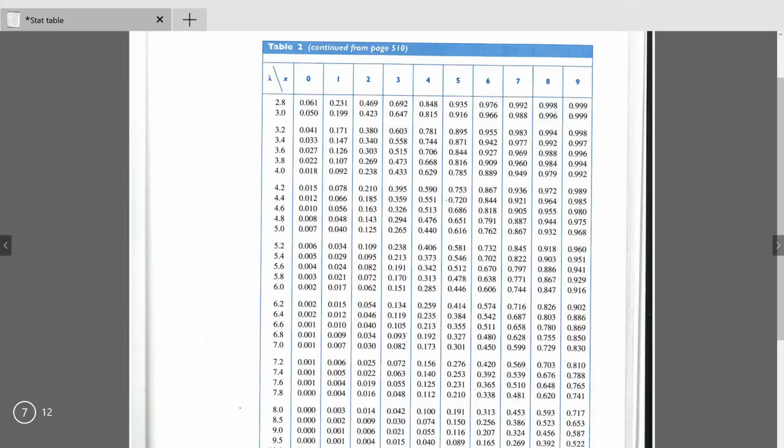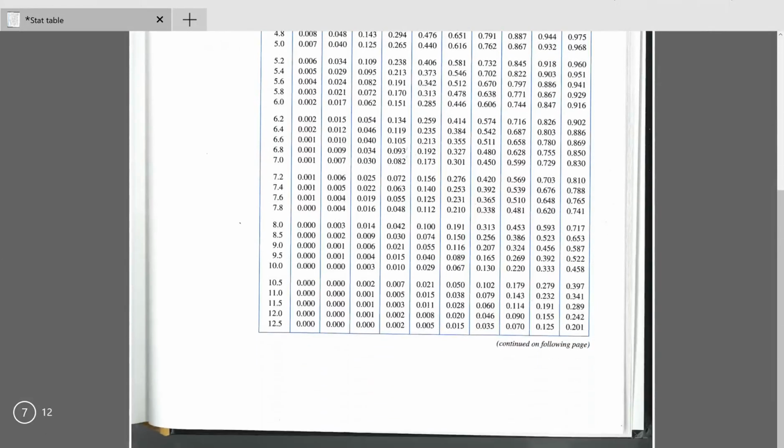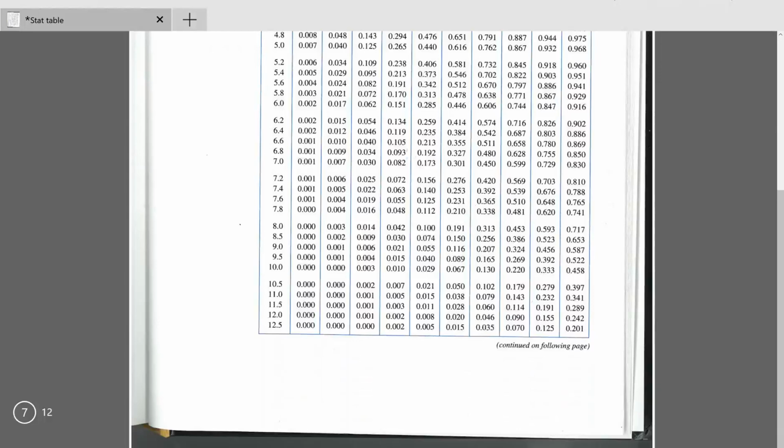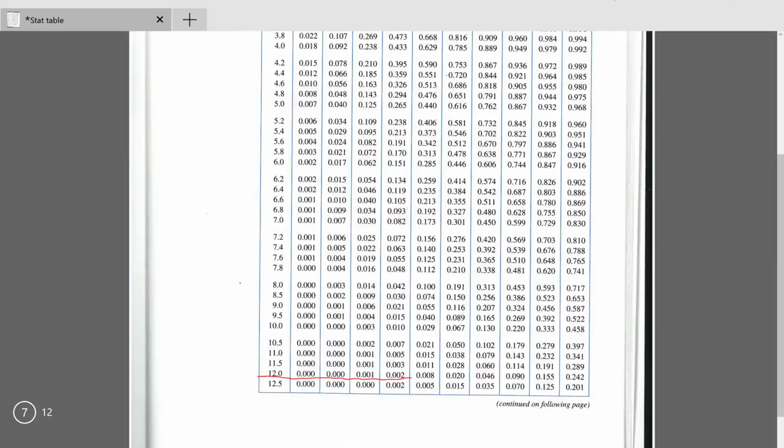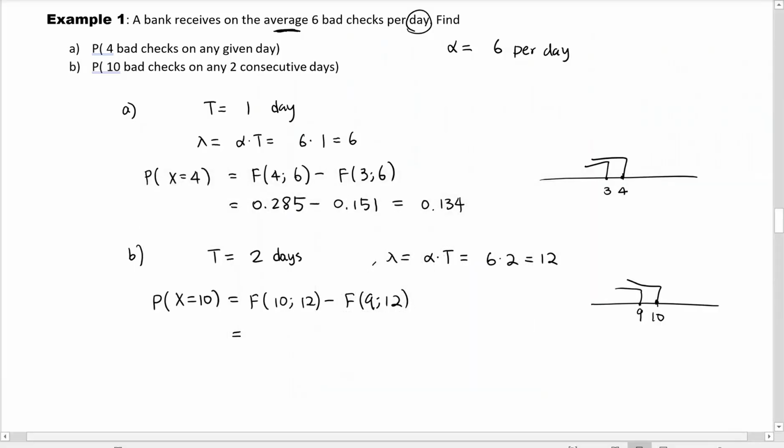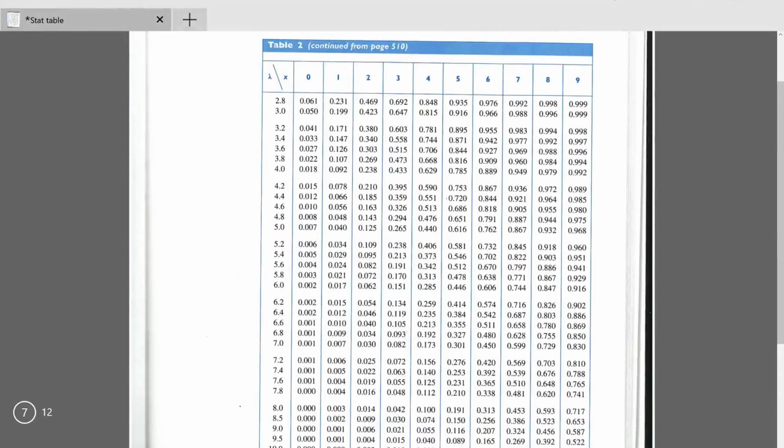Okay. All right. So remember, you're going to use your table in your homework and all the exams. Try not to write anything on your table. But right now, because I'm showing you, I draw it here. So you can see lambda is 12. But we are looking for what? The k values are 10 and 9. Let's look at our table.